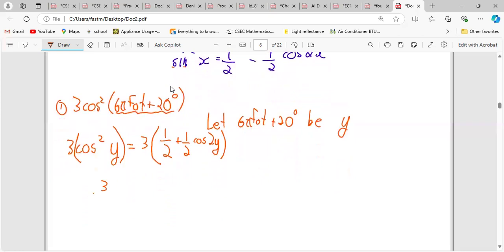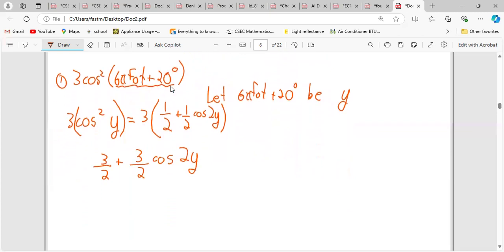So 3 over 2 plus 3 over 2 cos of 2y, right? And then you plug back in y, which is why I did that before, because writing it over and over is too much. So we have cos 2, right, back in y.